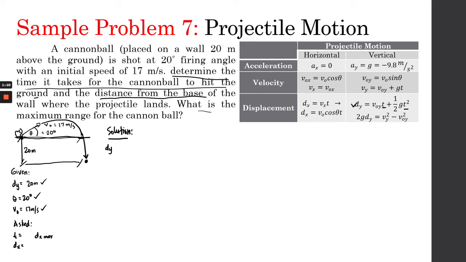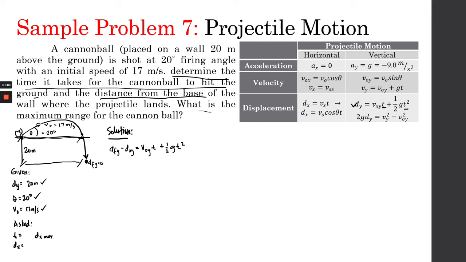kasi meron kang difference from the point of launch and this is a point of landing. So the point of landing, yung dfy mo is equals to 0. Pero dito, so change in dy, so dfy minus d initial y is equals to voy t plus 1/2 gt squared.